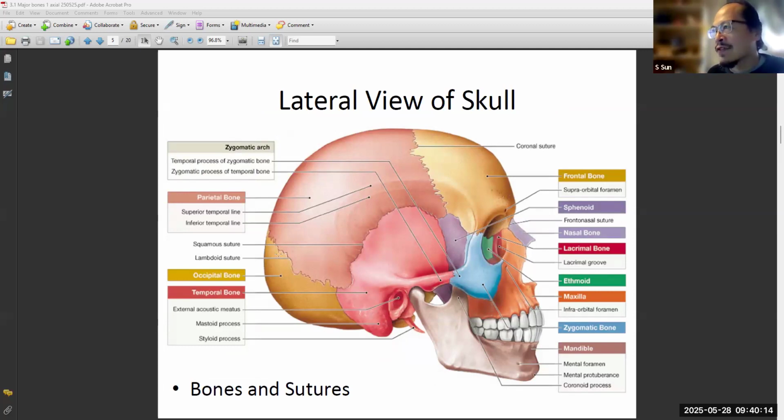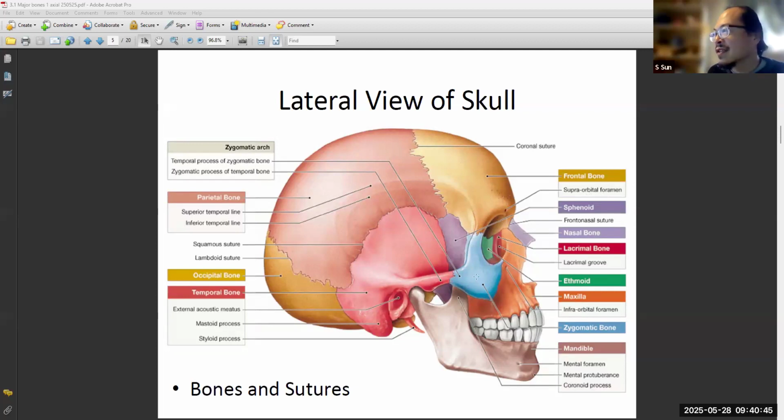What feature do we see here? The first feature here is called the supraorbital foramen. Foramen means hole. Supra means above. Orbital is the eye. So you have the supraorbital, and then down here, you have the infraorbital foramen.